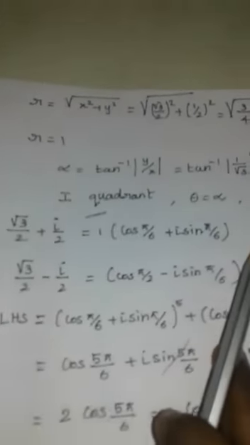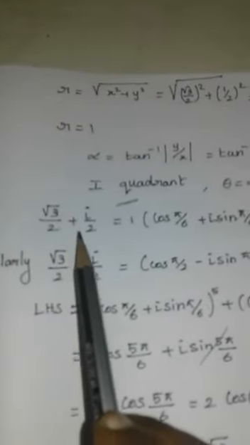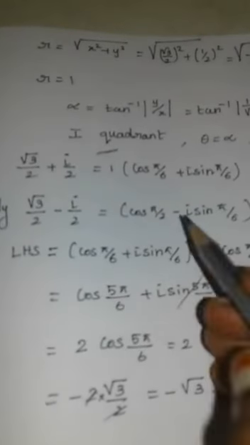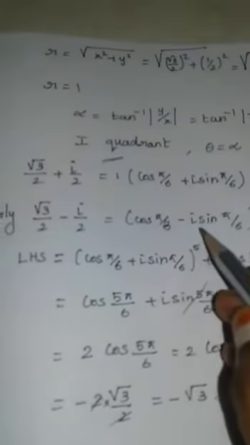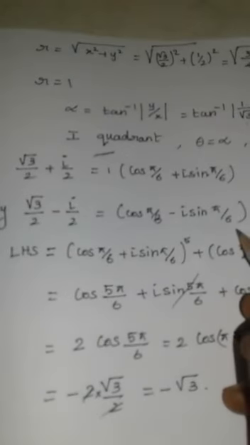So in the first quadrant, theta is equal to alpha, so theta is equal to pi by 6. Then I write root 3 by 2 plus i by 2 is equal to, with r value equal to 1, cos of pi by 6 plus i sin of pi by 6. Similarly, root 3 by 2 minus i by 2 is equal to cos of pi by 6 minus i sin of pi by 6.